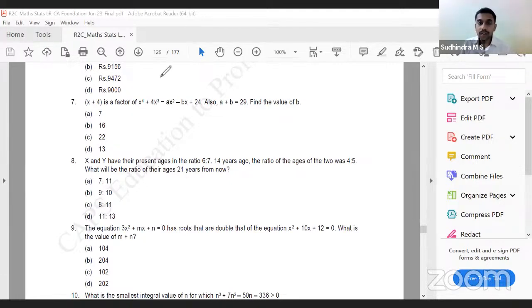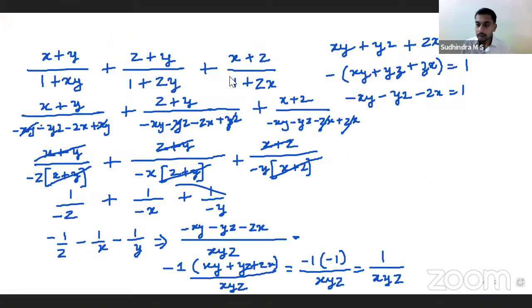So first go with the equation that we know. X square plus 10x plus 12 equal to 0. Find out the roots.